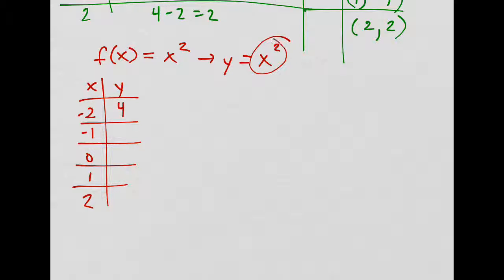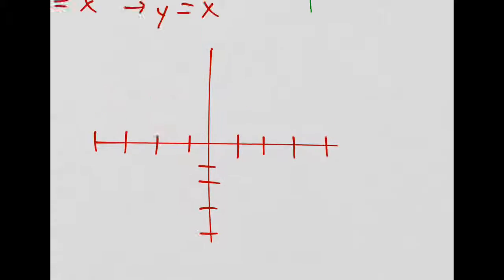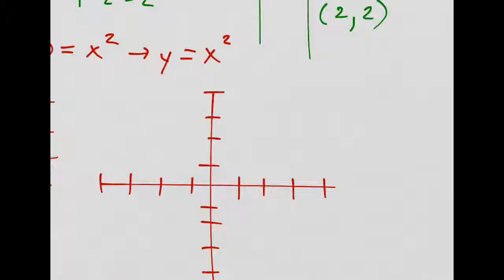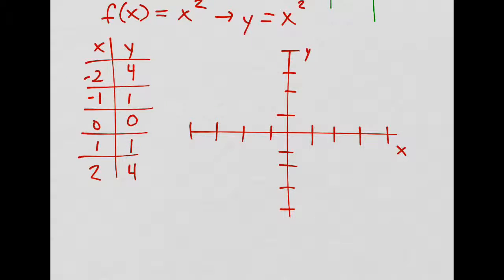Negative 1 squared, that's just 1. 0, 0, 1, 1, 2, 4. I'm just copying those from there. And there we go. So I can graph this. The highest value is 4. So I'll just do 4 in every direction. X, Y.